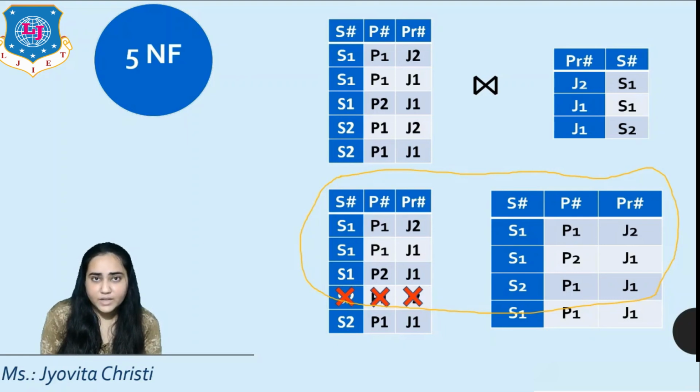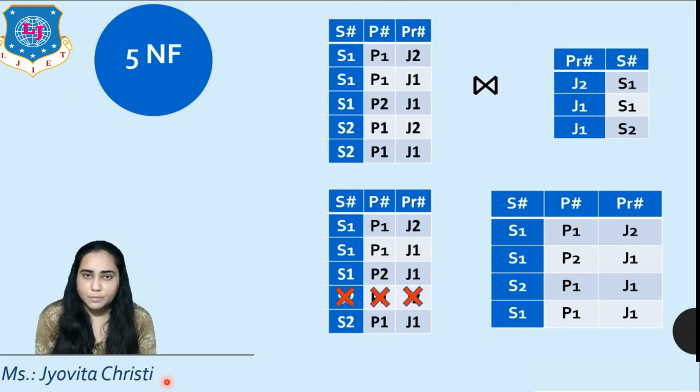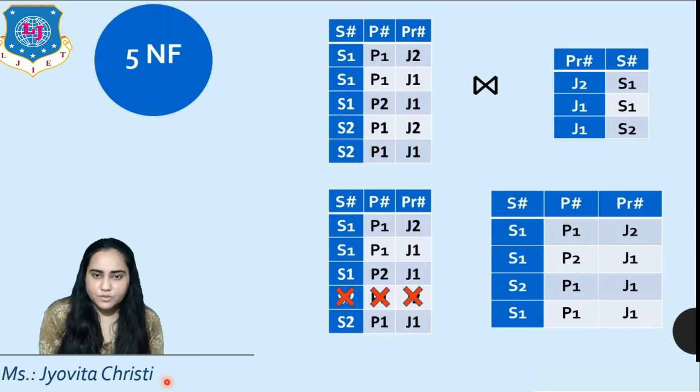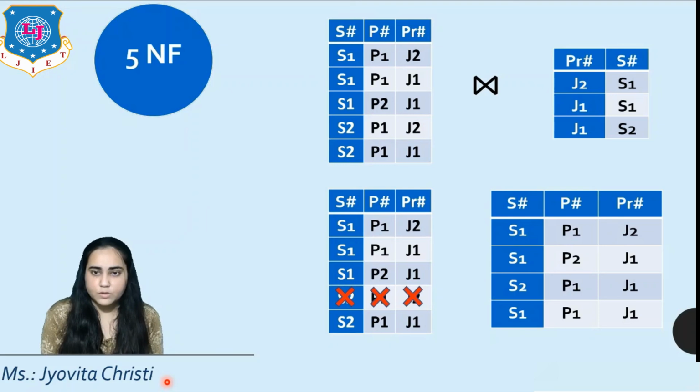In order to find out a join dependency, you would have to decompose the table, and only then you'll be able to find the join dependency when you take a natural join and you get the original table back. If this happens, then your table contains a join dependency, and in order to remove it, you are going to keep those fragments of tables that you already created from the original table. And then your relation would be in 5NF.